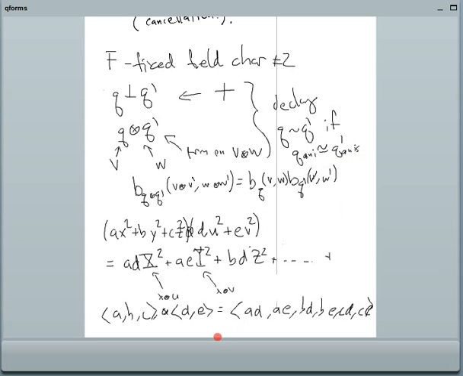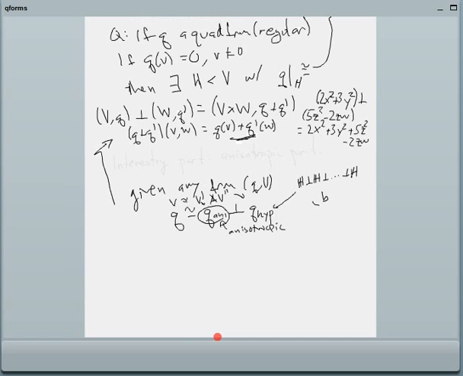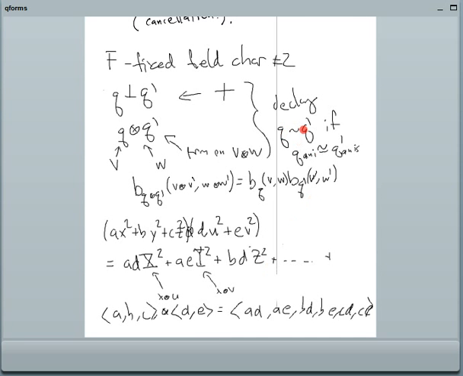Recall from the last slide that given any form, there's a unique way of breaking it up into a part that's just a bunch of hyperbolic planes, H, the easiest to understand two-dimensional form, and an anisotropic part. All we're saying is that two forms are equivalent if they only differ by having different numbers of hyperbolic planes, but their anisotropic parts are isometric.